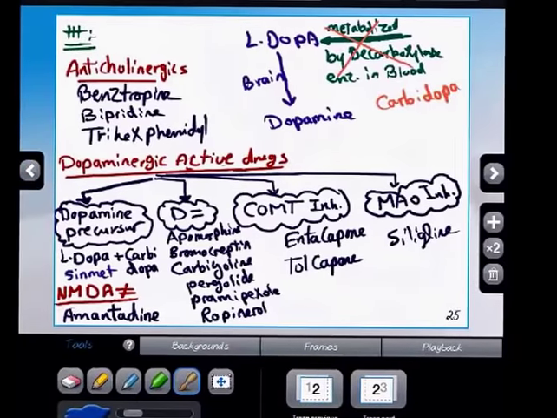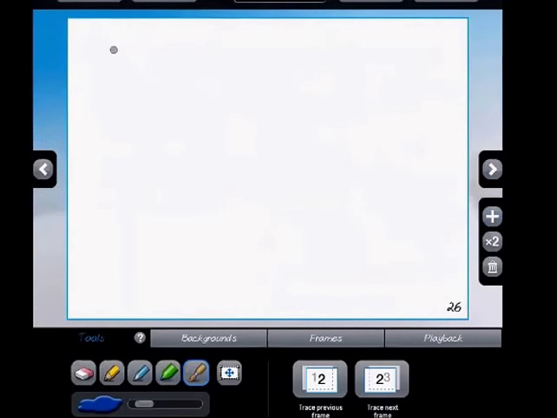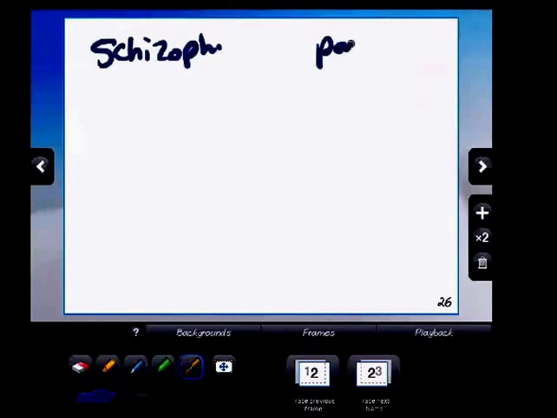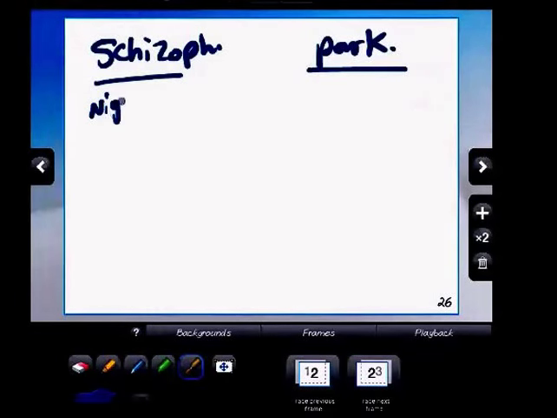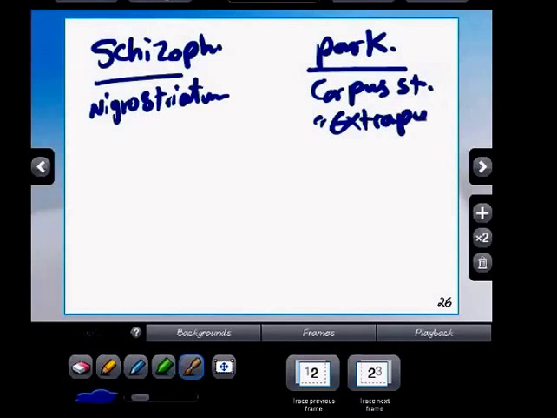Before I go into the next disease, let's say something very important. If you look, guys, you will find that schizophrenia and Parkinsonism involve the nigrostriatum and corpus striatum, especially in the extrapyramidal system.